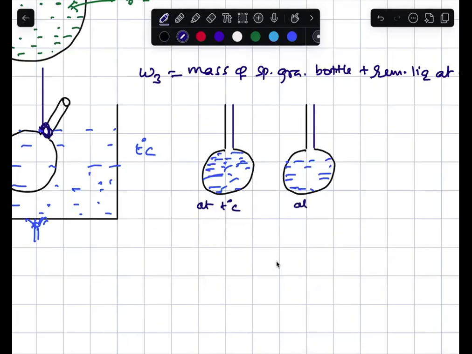At 0 degrees centigrade, this is what you are seeing. Can you please help me in understanding what this volume corresponds to? Actually, apparent expansion with respect to the container. So what is gamma apparent?